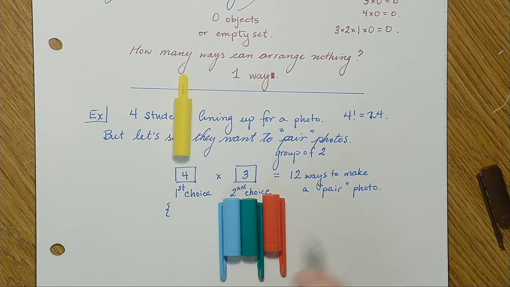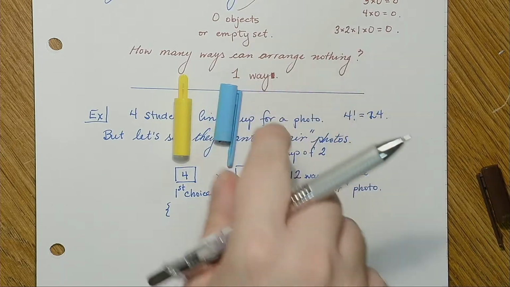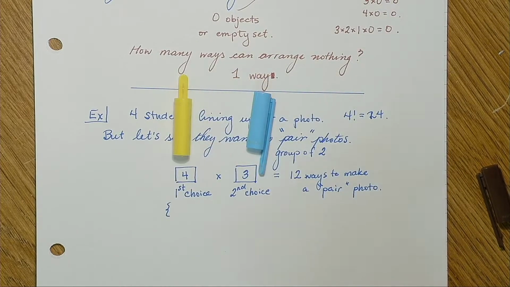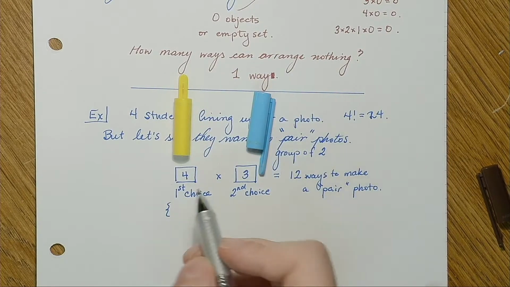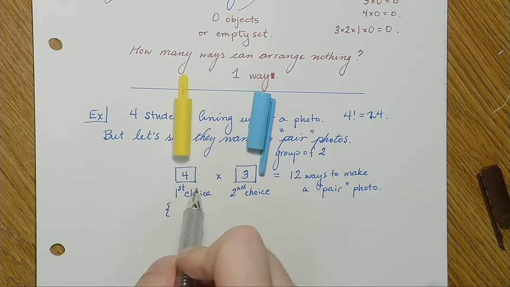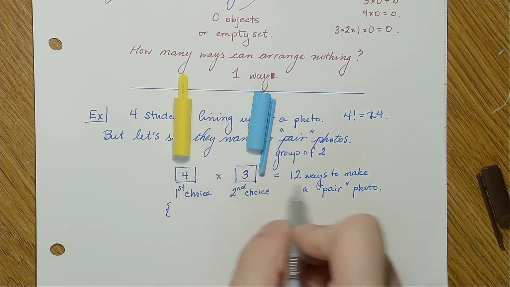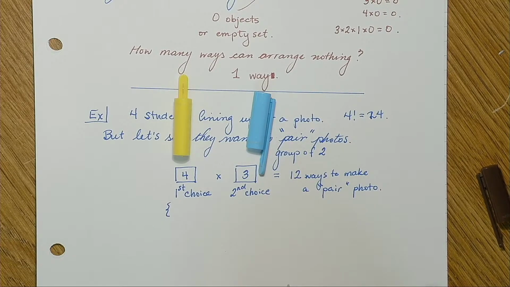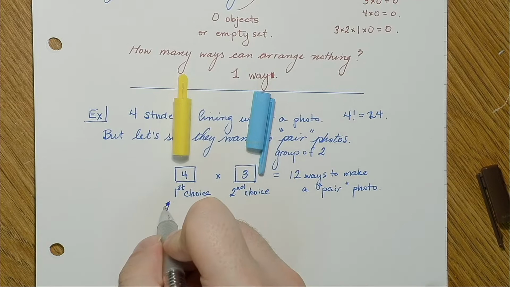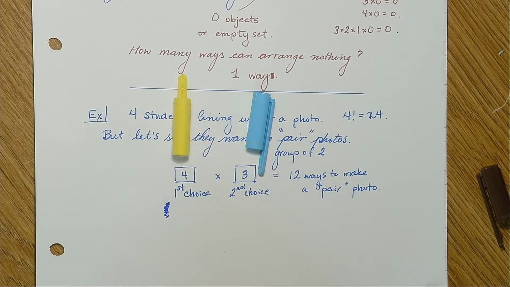So you would pick one of them. Because I had 4, and then on the second choice I had 3, that gives me 4 times 3, which is 12 ways. Does that help?